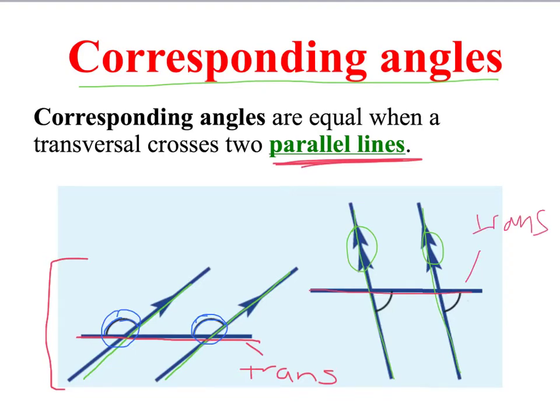The corresponding angles are here and here. The thing to remember is if they are corresponding, it means they are equal. So this angle is equal to that angle. They are the same size. Corresponding angles are equal when the transversal, or the middle cutting line, crosses 2 parallel lines.